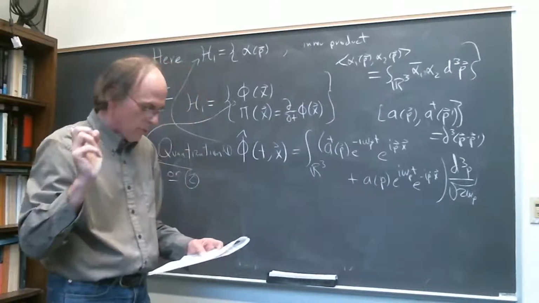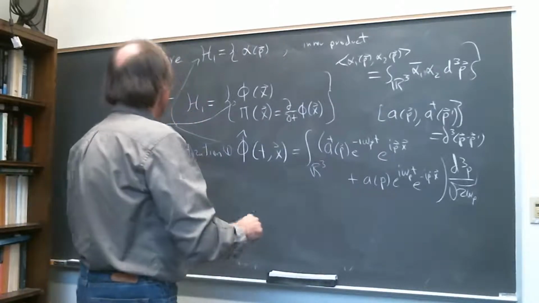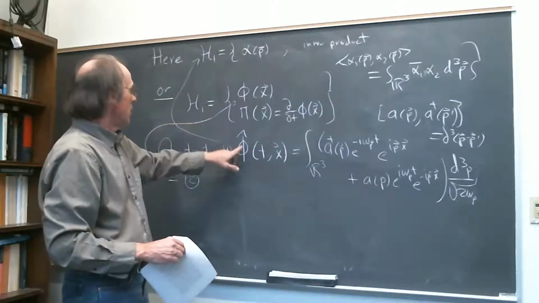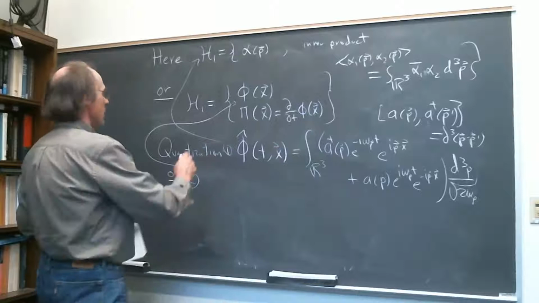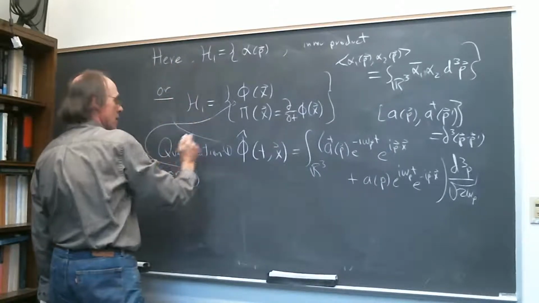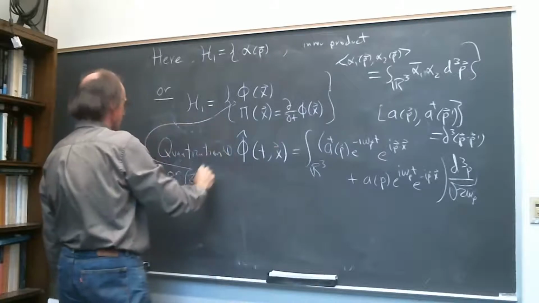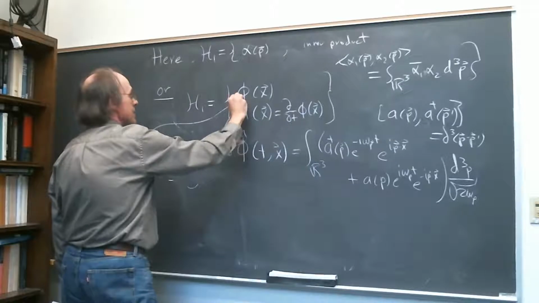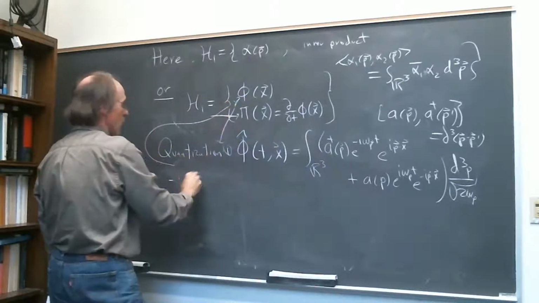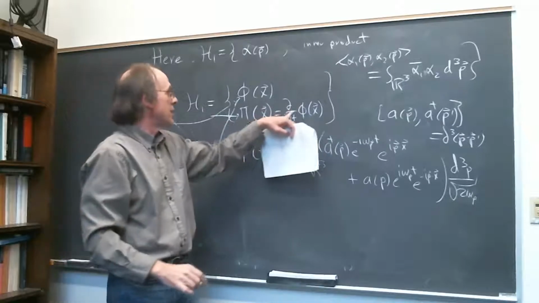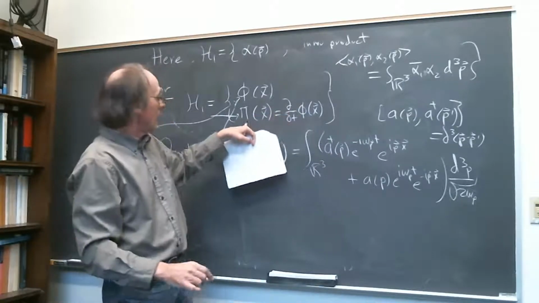What I want to do is get what pi is, and pi is just going to be d/dt of this.